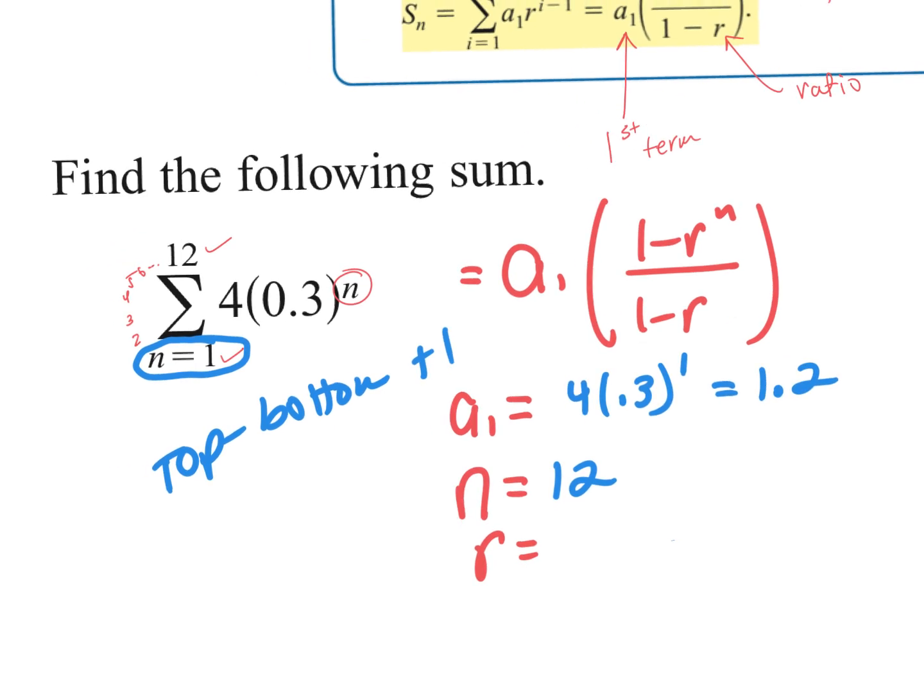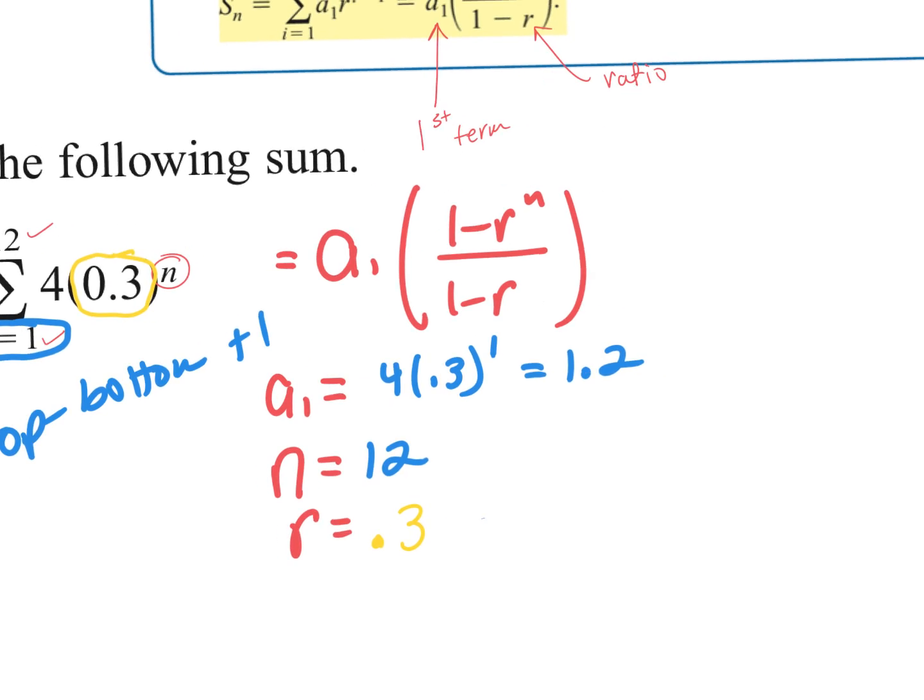Okay. Now, can you just look at this and identify the common ratio? What is it? What's the common ratio? 0.3. So now what do we do with all that? You plug it in the formula.